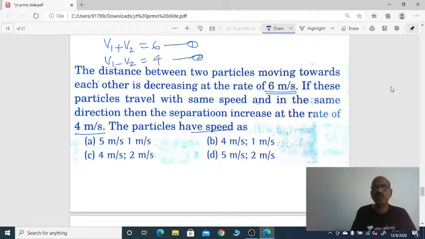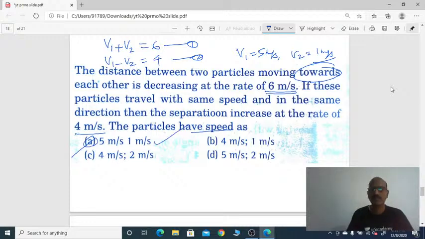According to the problem, both moving towards each other means relative velocity will be the vector sum. Solve these two, and we will get V1 as 5 meter per second and V2 as 1 meter per second. So the first option will be correct.